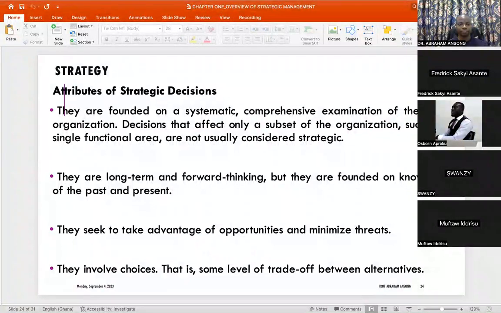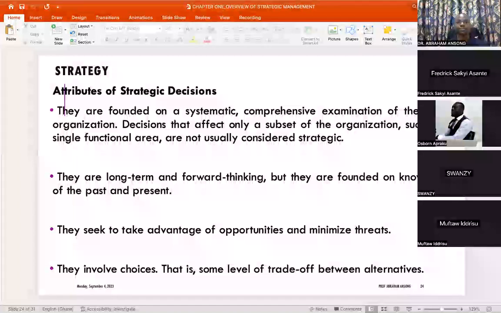The next one is that they are long-term and forward thinking, but they are founded on knowledge of the past and present. So once again, I told you that once you hear the word strategic, most of the time what comes to mind is a long-term perspective, okay? But even though they are long-term and forward thinking, to be able to do those long-term projections, you must have a better understanding of your past and your present.